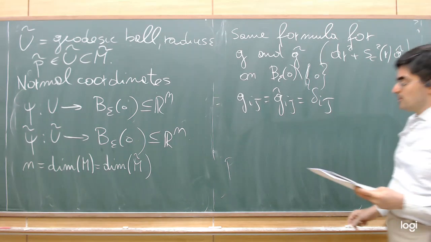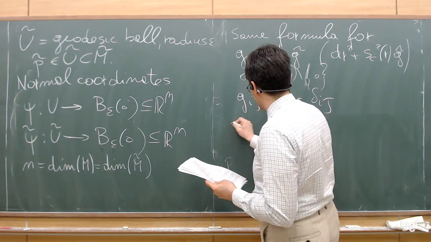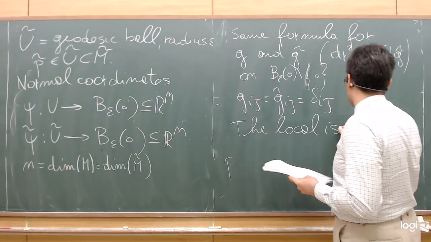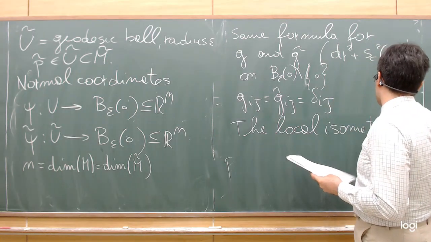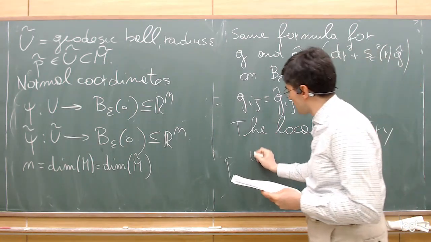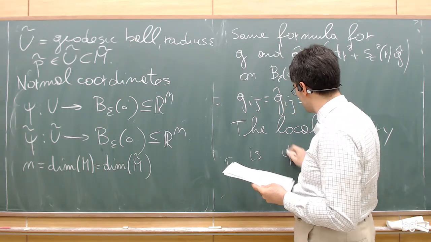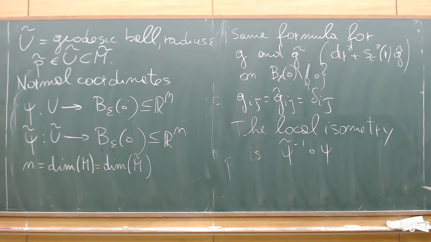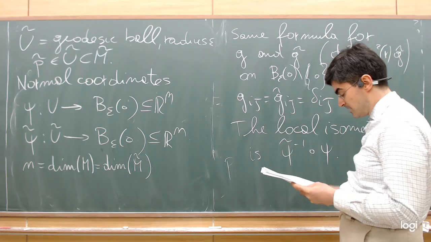Then the isometry is given by psi tilde inverse composed with psi. And this is the end of the proof.